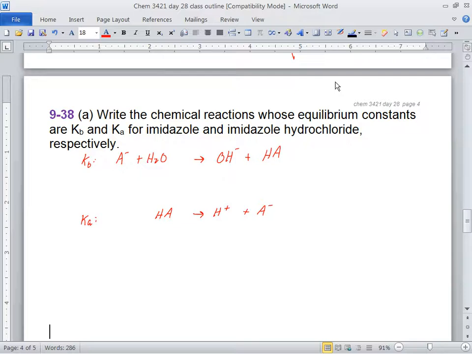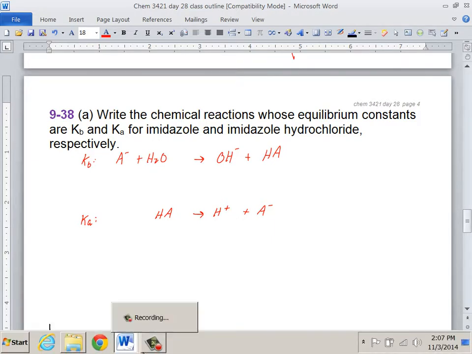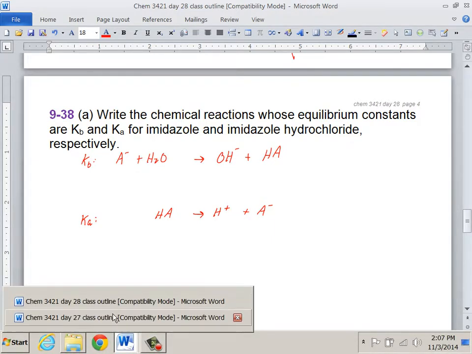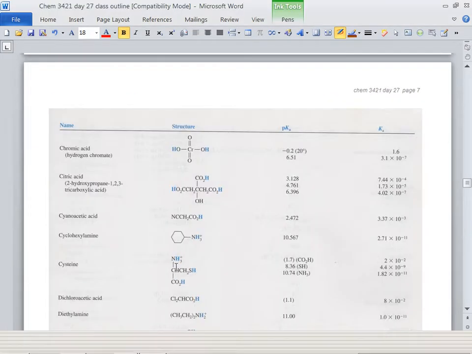He's saying you really don't need the table if you know what imidazole is, because hydrochloride form means a chloride anion is hanging onto it, so everything else has to be a plus. That's the acidic form with a Cl minus on it. What you're thinking is exactly right. But let's look at the table, it'll be easier.